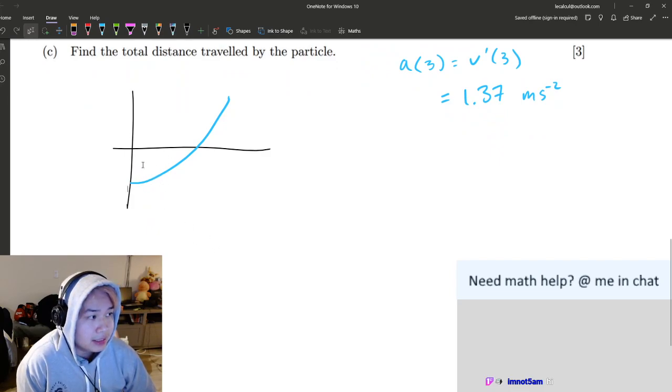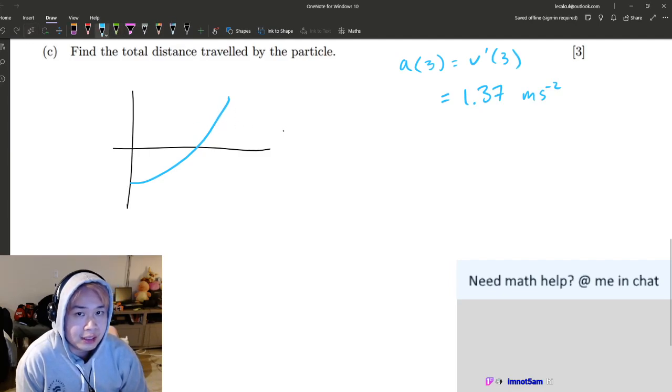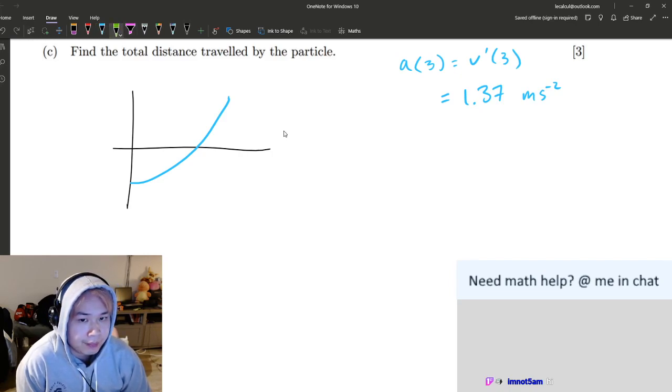And notice in this section here, your velocity is negative. So in terms of orientation, you could say you're moving towards the left. And then afterwards it stops because you have to stop before you start moving towards the right, because this is positive velocity.